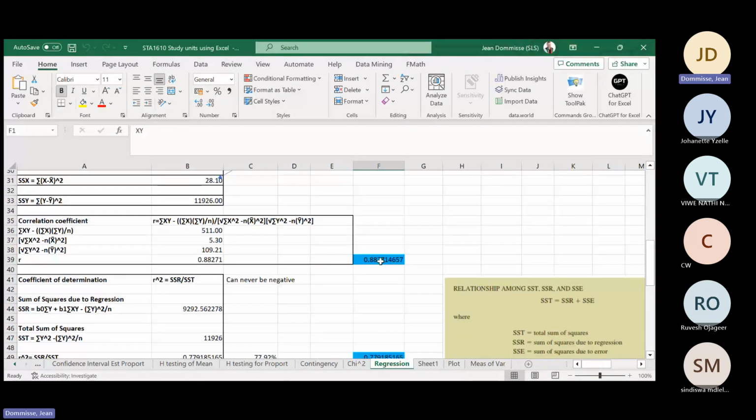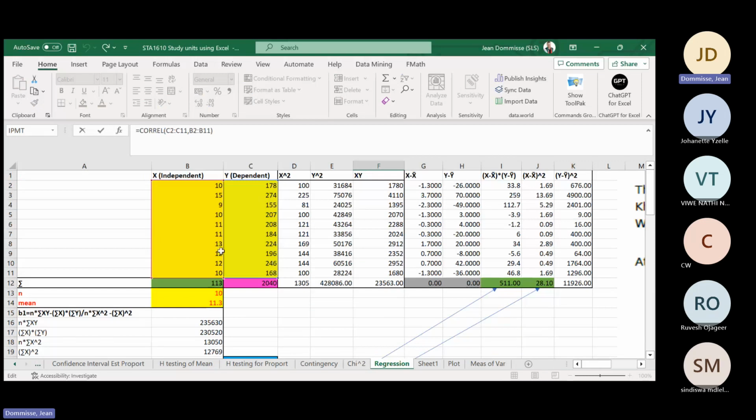But what I've also created is, just looking at your Excel formula of CORREL, which looks at those two data sets.